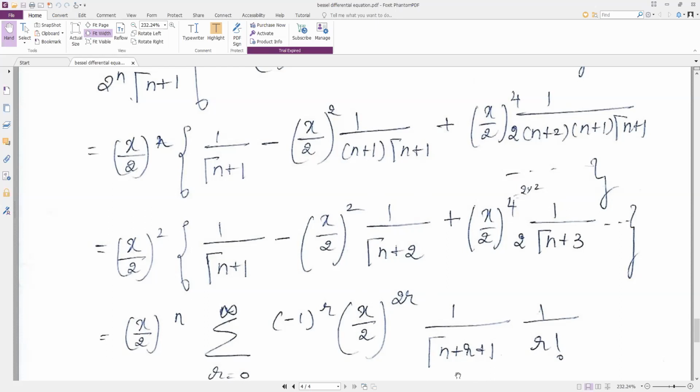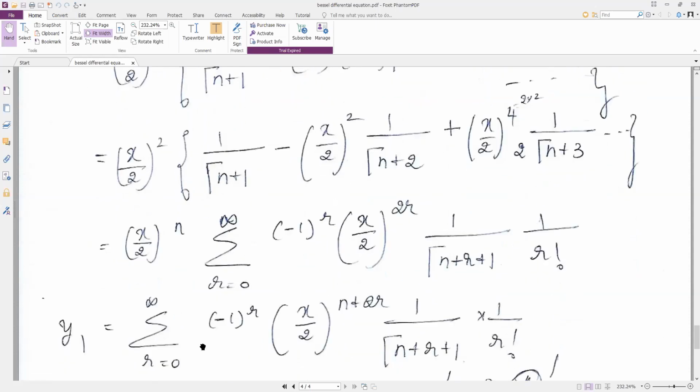See, when you put r equal to 1, you will get gamma n plus 2. When you put r equal to 2, you will get gamma n plus 3. Correct? Now 1 by, see, here it is 2, here it is 1. So 2 can be written as 2 factorial, 1 can be written as 1 factorial. So generalize it, 1 by r factorial. And here it is plus, minus, plus. So I'll put minus 1 to the power r here. When you put r equal to 1, do you get minus 1 to the power 1? Correct? So you will get 1 by gamma n plus 2.